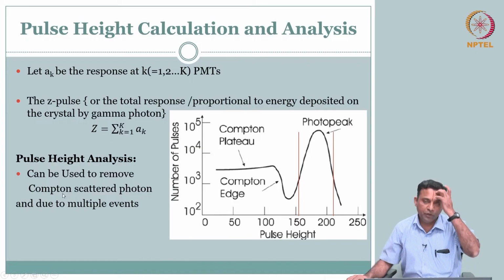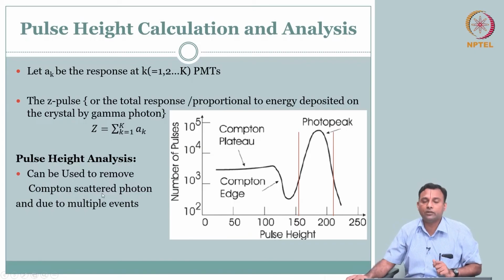So this analysis of height is used to remove the scattered photon. And Compton scattering, we know energy is less, so the less side is fine.